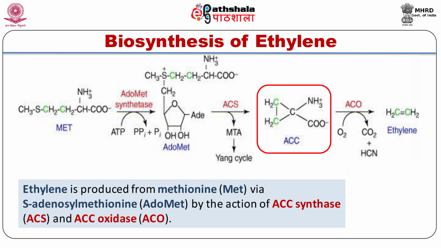The conversion of methionine to SAM is catalyzed by the enzyme S-adenosyl L-methionine synthetase, also known as SAM synthetase. For the synthesis of one molecule of SAM, one molecule of ATP is required. Further, SAM is converted to ACC by the enzyme ACC synthase. This is the rate limiting step in ethylene biosynthesis.